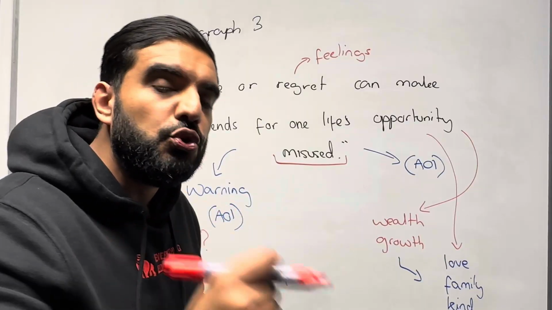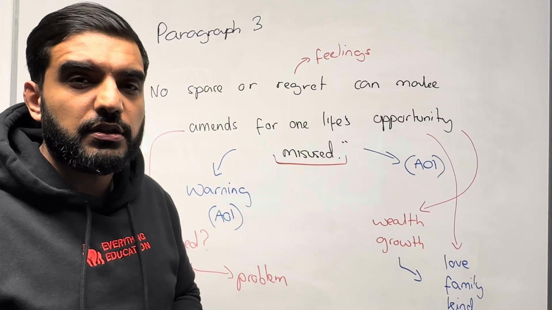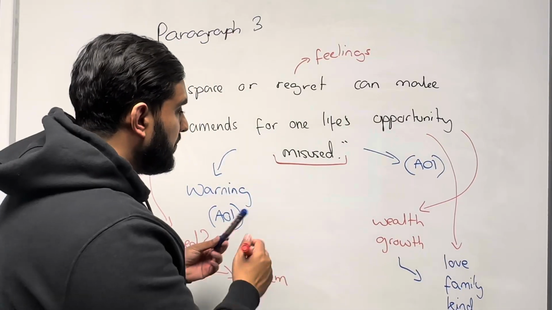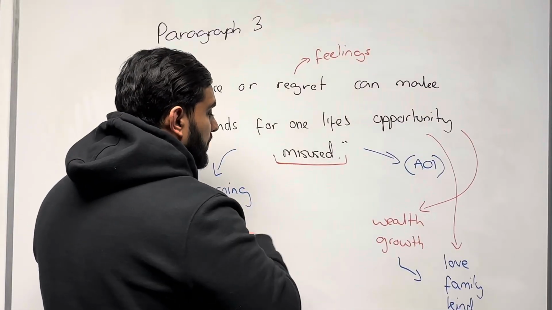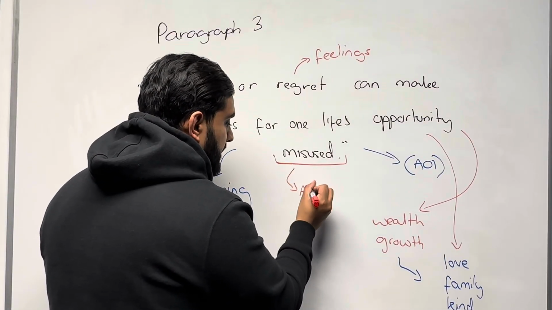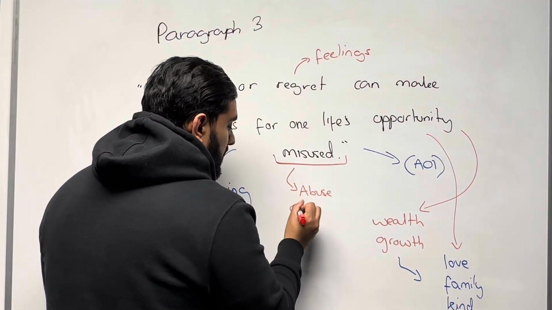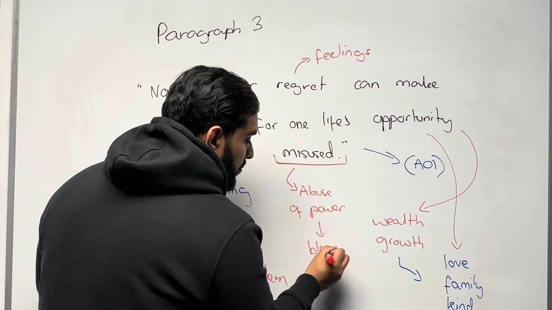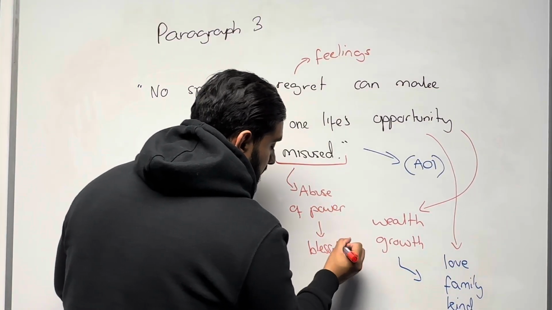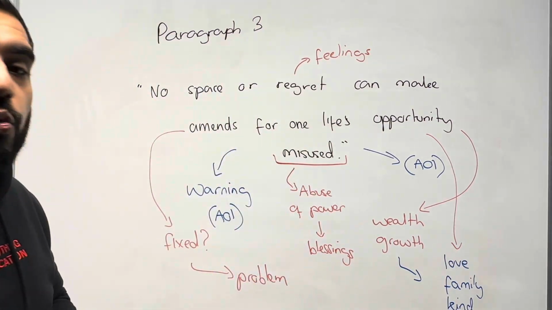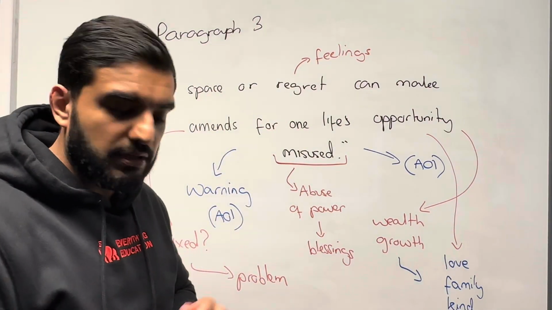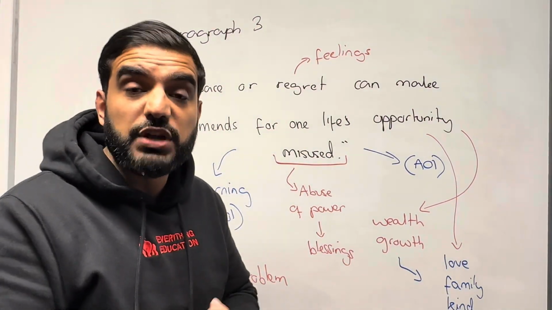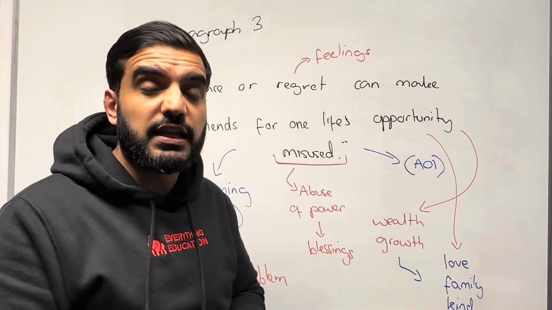Don't misuse your opportunity. Guys, this for me is the idea of an abuse of maybe power or even an abuse of your blessings. Scrooge is a warning to every single character or even a reader who's reading this text.